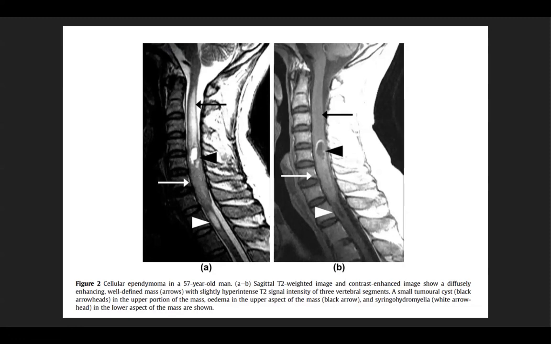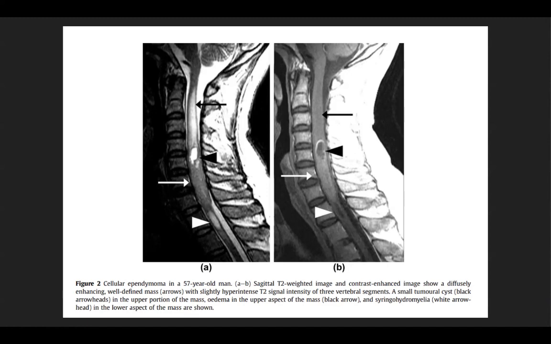Image A shows the sagittal T2 weighted image, and the contrast enhanced image shows the well-defined mass. A is the T2 weighted image, ma'am. Okay, T2, and what about B? B is the T1 with contrast. Exactly. B is the T1 with contrast image because you see the CSF is dark here, and this is a T2 weighted classic sagittal section. Okay, so proceed.